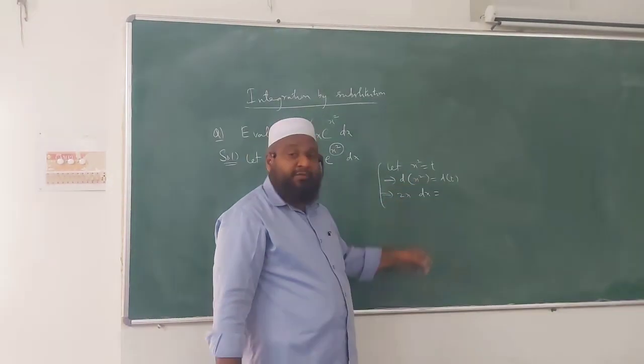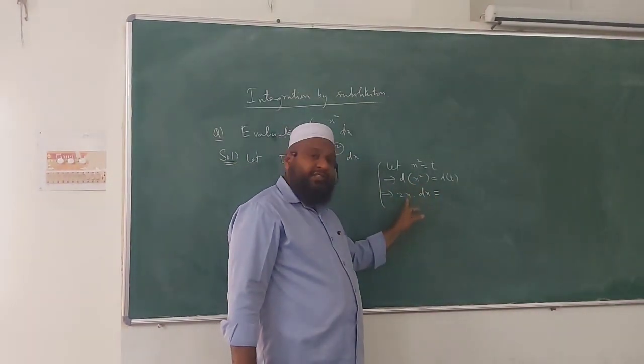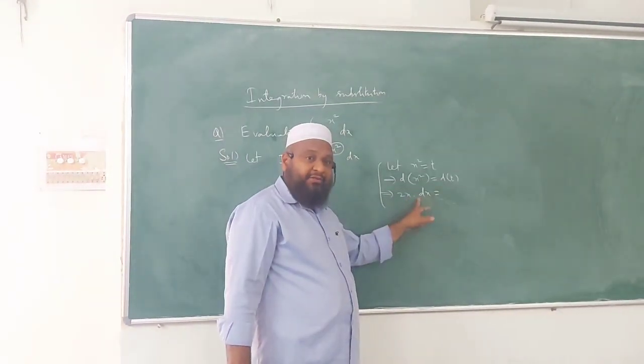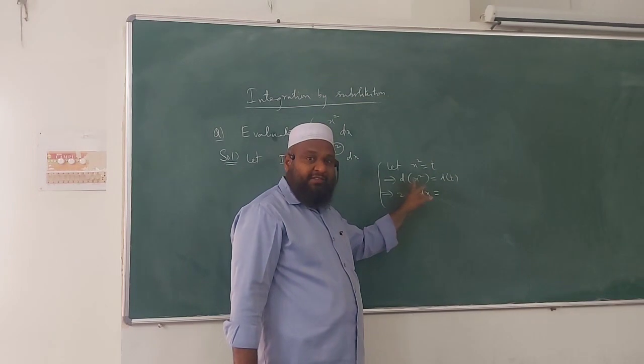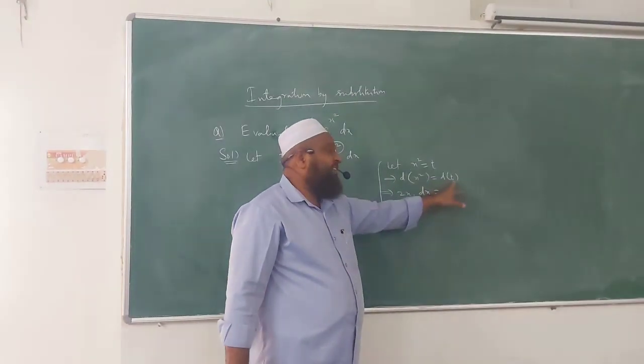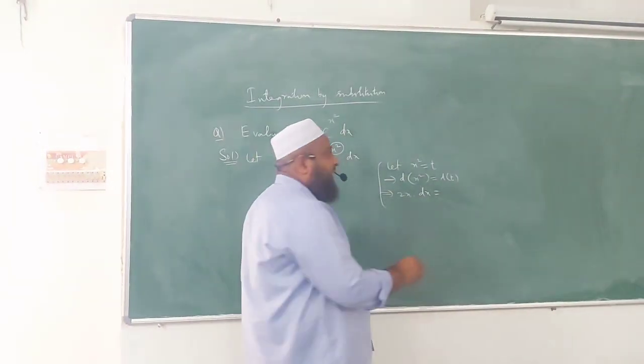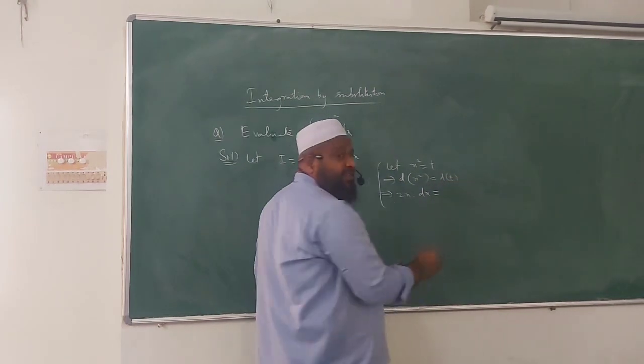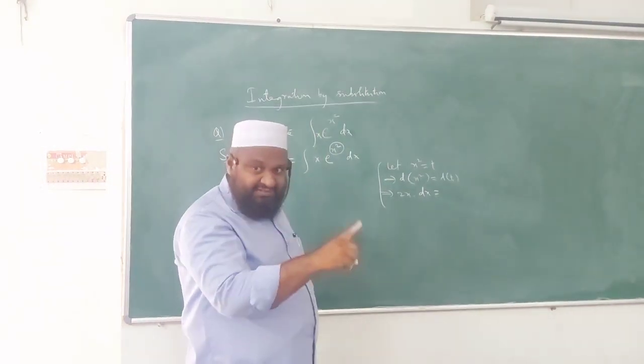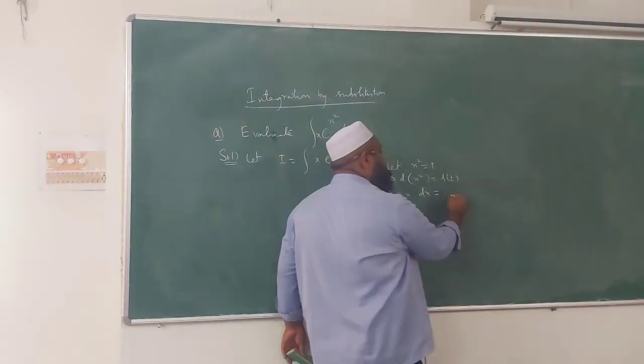d of x square is how much? Derivative of x square into d of that variable. d of that variable is dx. What is d of t? That is simple, dt. Or d of t is derivative of t, that is 1, into d applied to this t, that is dt.